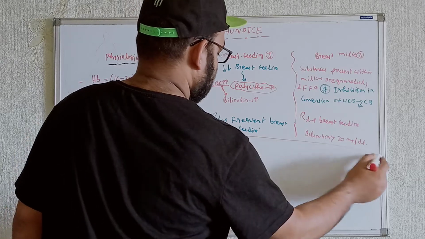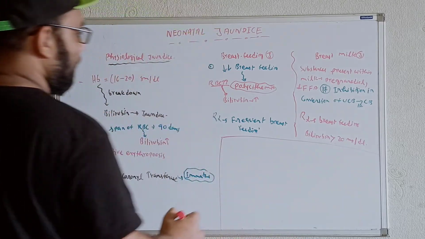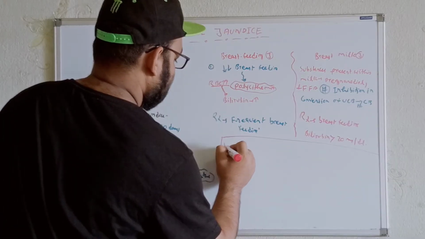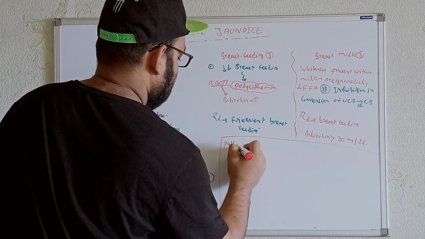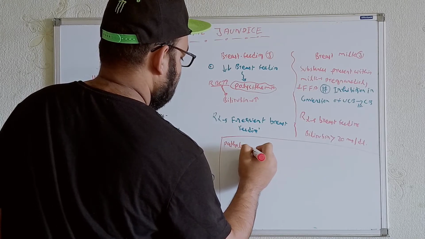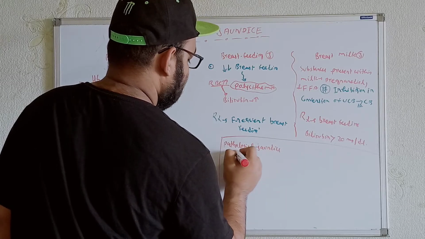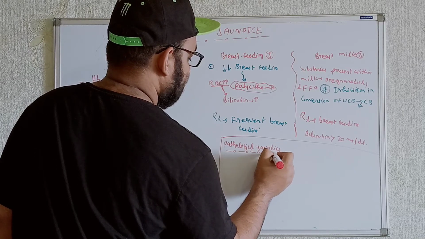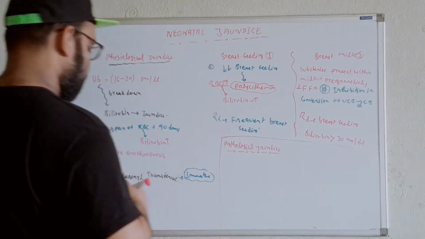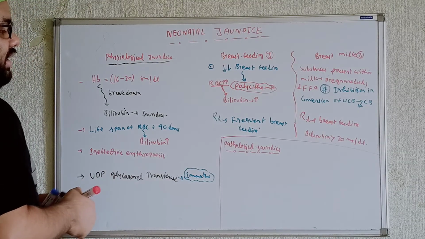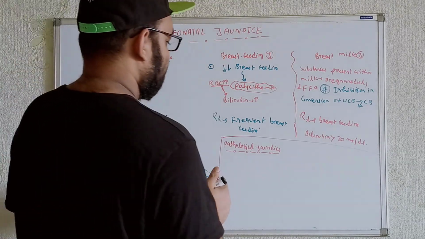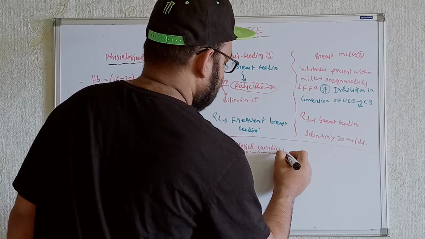Pathological jaundice can develop from unconjugated bilirubin, and it can also develop from conjugated bilirubin. At first we'll talk about pathological jaundice for unconjugated bilirubin.